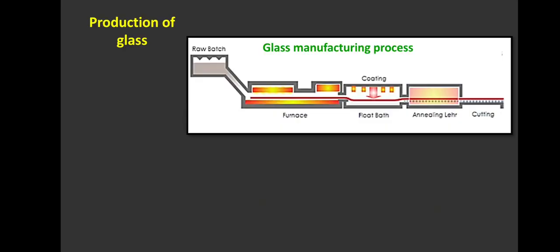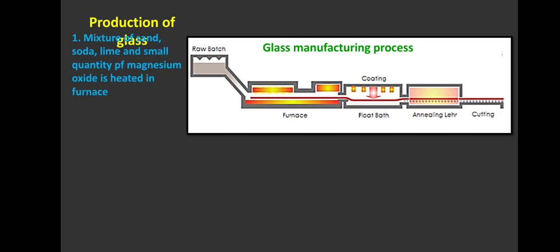Now we will see how the glass is being produced. What is the production procedure? First, a mixture of sand, soda, lime and a small quantity of magnesium oxide is heated in the furnace, as you can see on the screen.